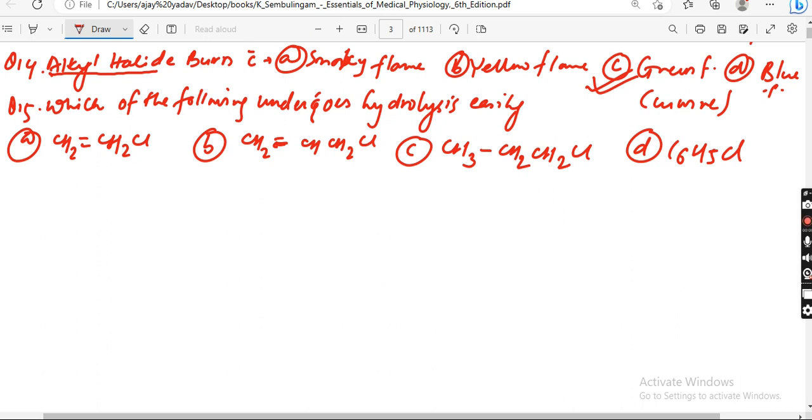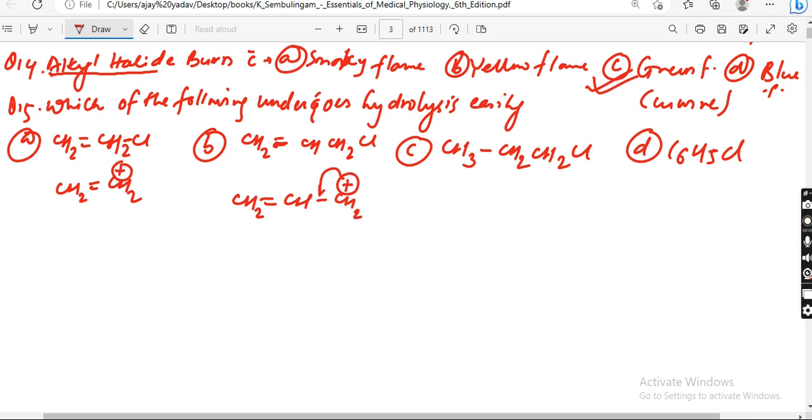This Cl will be removed from here, and now a carbocation will be formed. If this is the carbocation, it is unstable because the positive charge cannot delocalize from here. In case of B, suppose this is CH2=CH-CH2 plus.